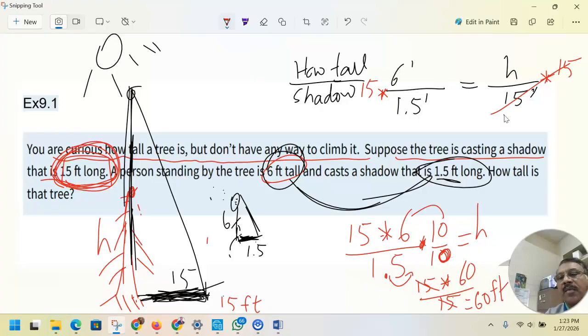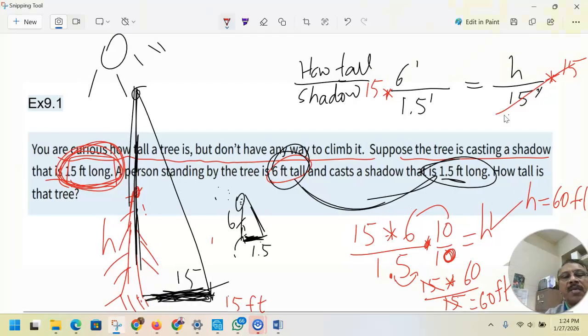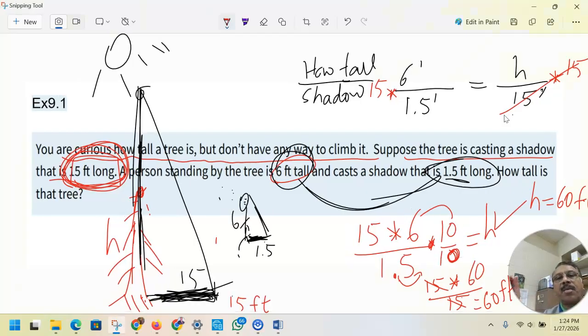So this is that h. We needed to know the height of the tree, and h is equal to 60. There you go, and you're done. This is how you set up the question, and I hope that helps. There are different ways.